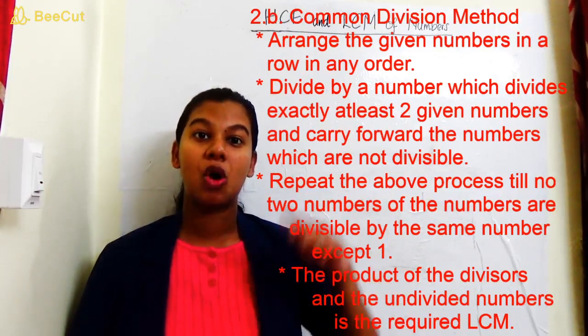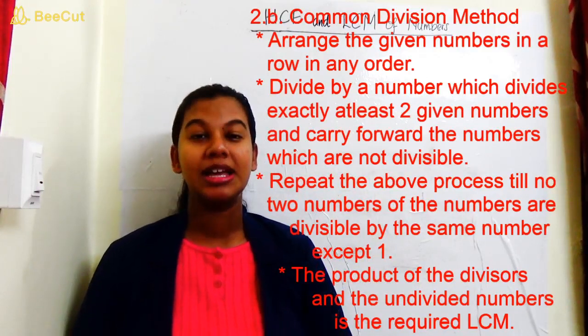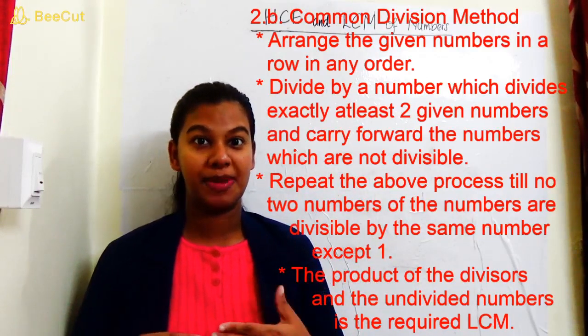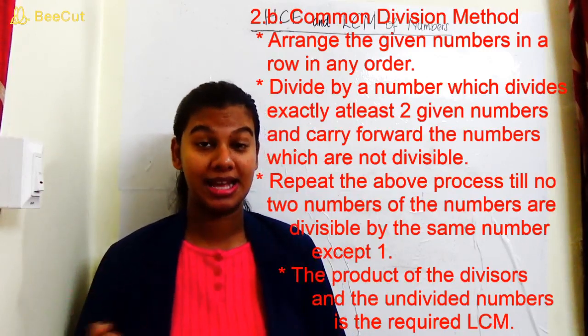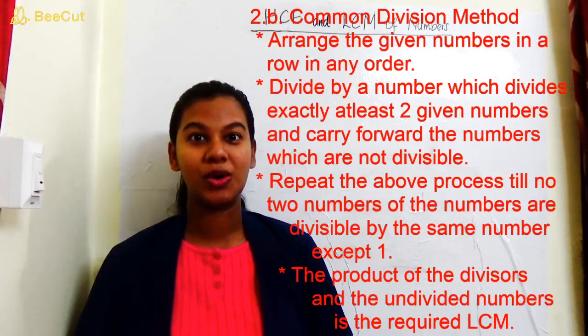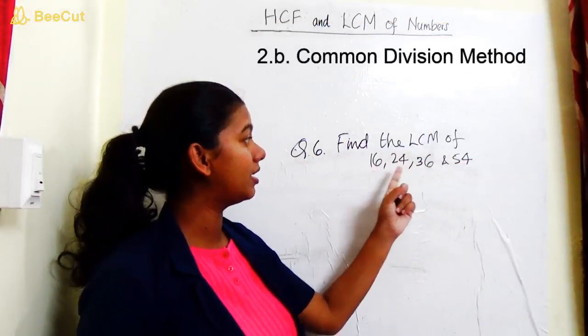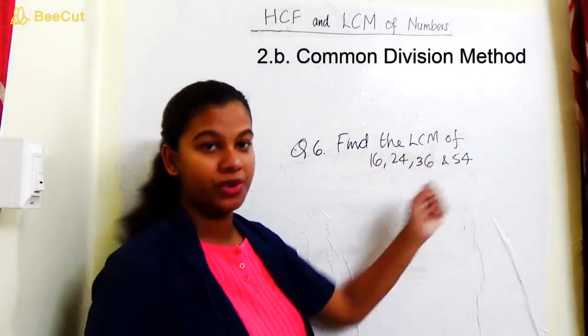And then the product of all those divisors will be the LCM. It sounds a little confusing, but when I give you an example, you will come to know how easy it is. Now the question is, find the LCM of 16, 24, 36, 54.